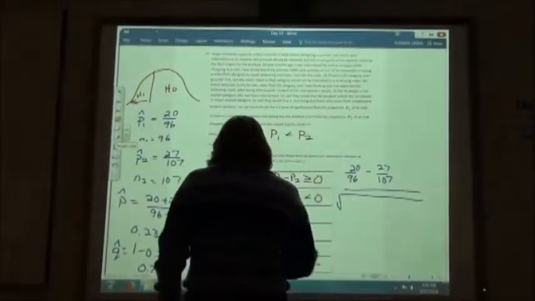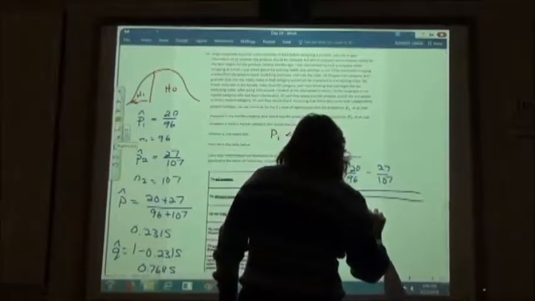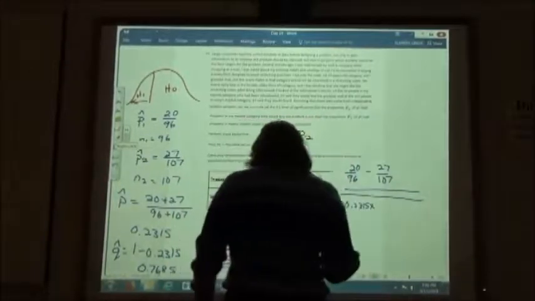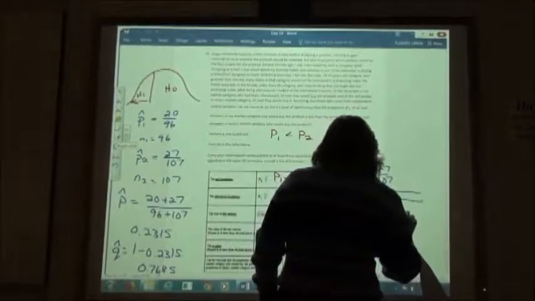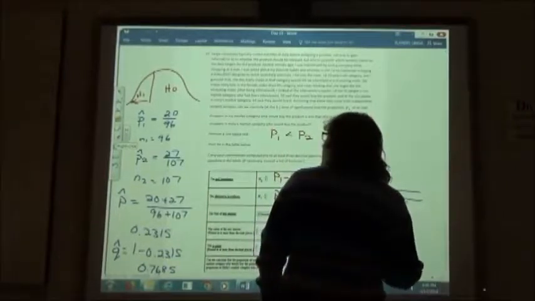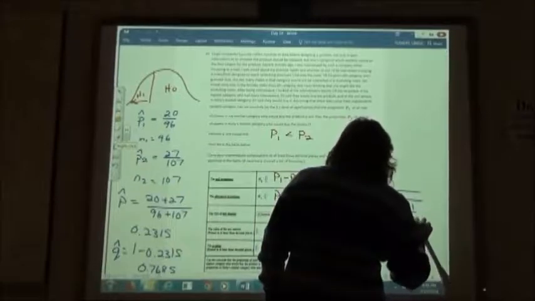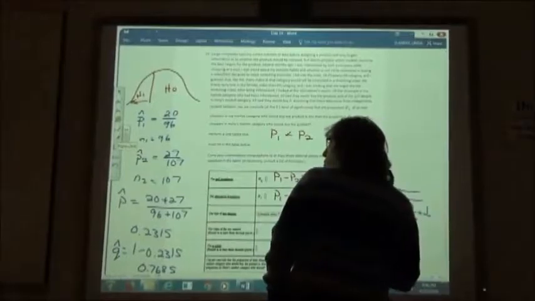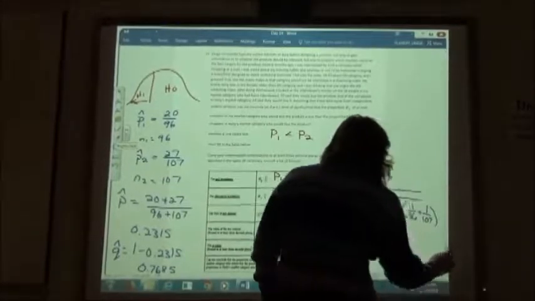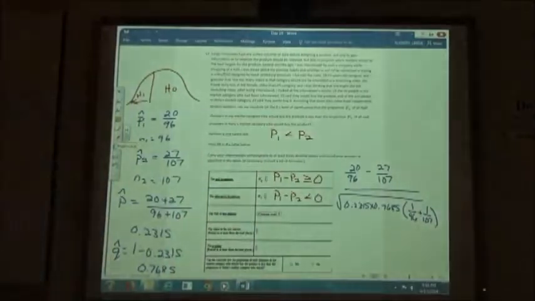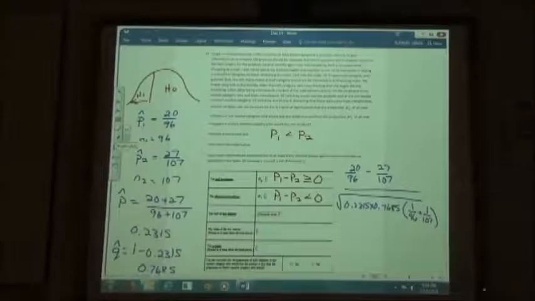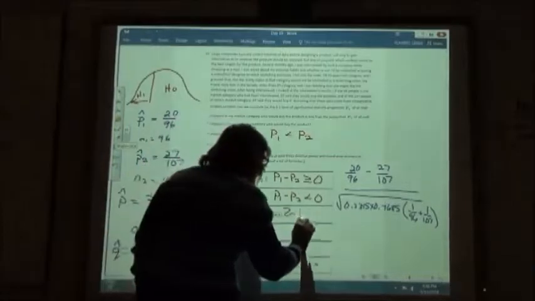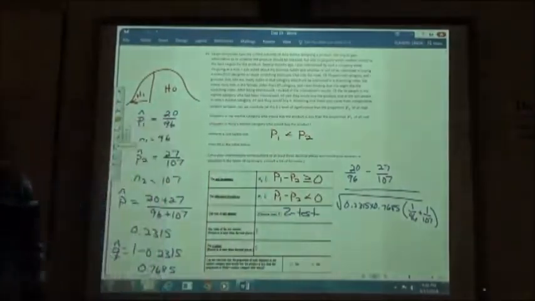I'm going to take my p-value, 0.2315, times my q-value, 0.7685, and then in parentheses, 1 over n1, which is how many I had in sample 1, plus 1 over n2, and I had 107 in my sample 2. So 1 over 96 plus 1 over 107. I forgot to write down that I was doing the z-test again. Since I'm doing proportions, I'm doing the z-test.